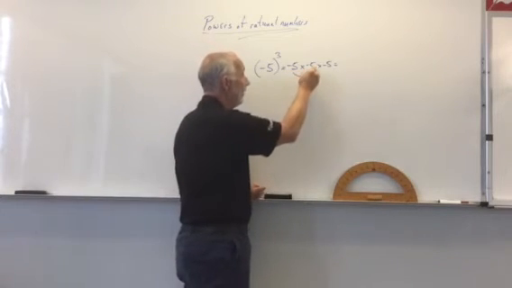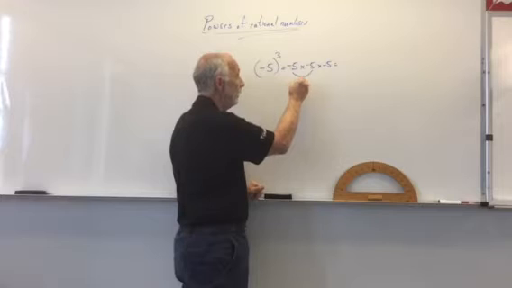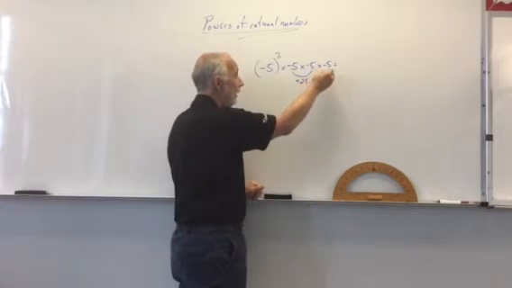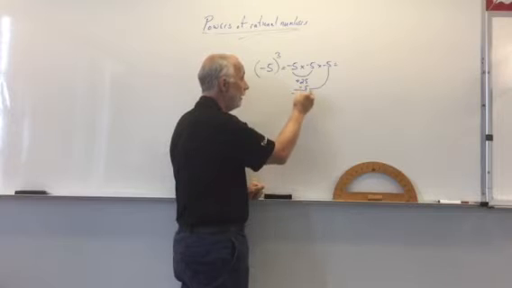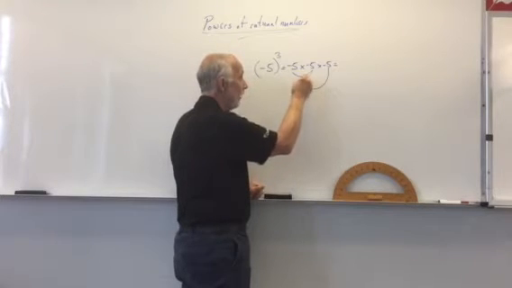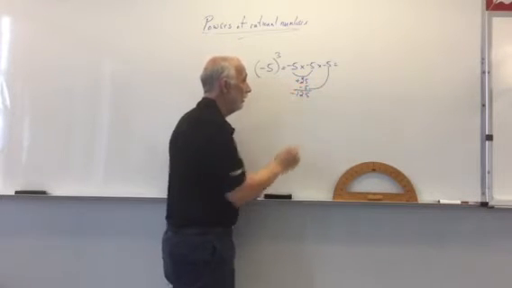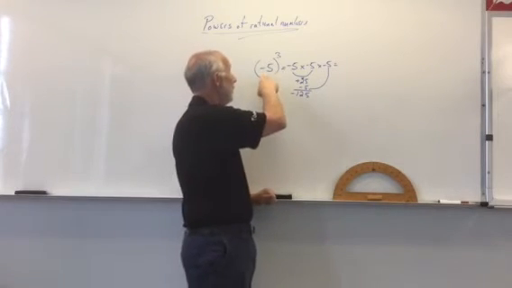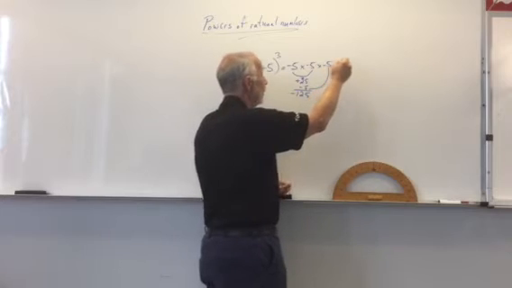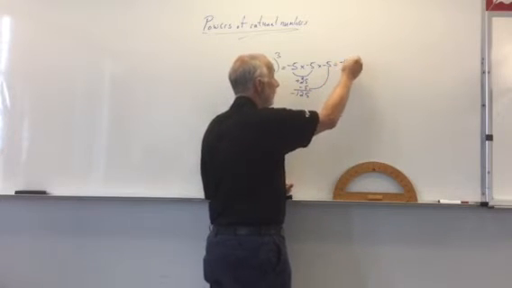A -5 times a -5 is a +25, and then a +25 times a -5 would be a negative 25, carry the 2, 10 and 2 is 12, a -125. So the -5 to the 3rd power equals a -125.